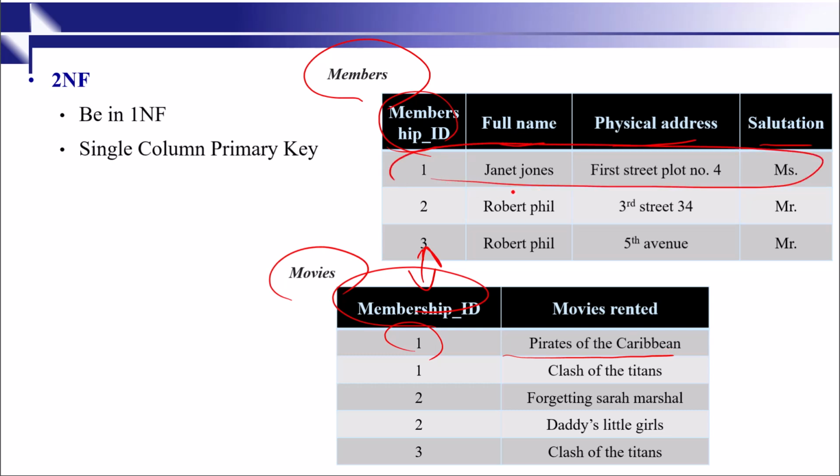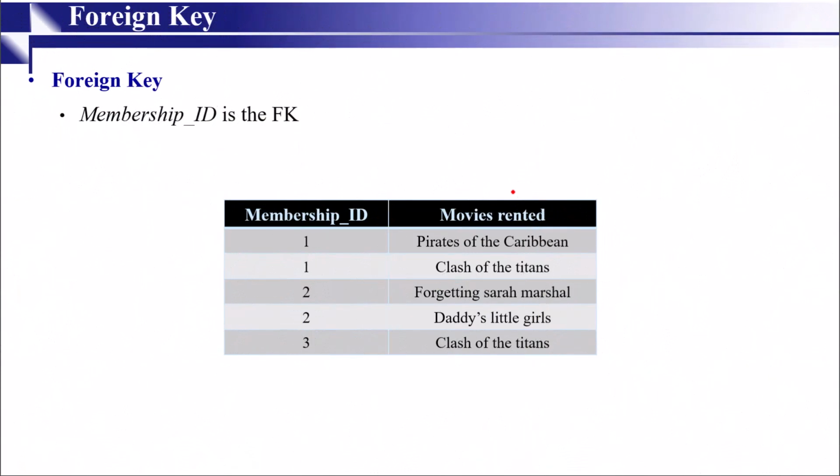This eliminates partial dependency as all attributes depend on the full key. Here, membership ID acts as a foreign key in the movie table and it links back to the members table. For instance, membership with ID 1 corresponds to Janet Jones, who rented these two movies.